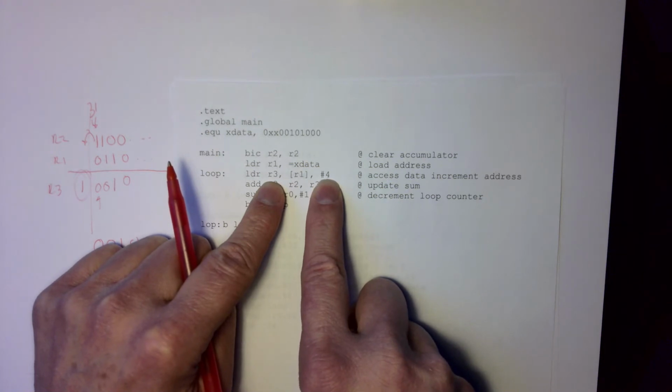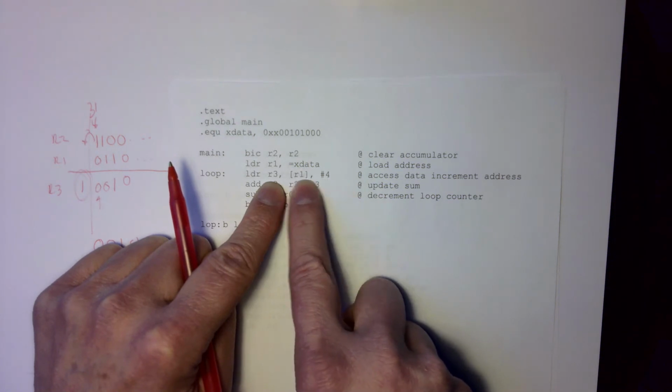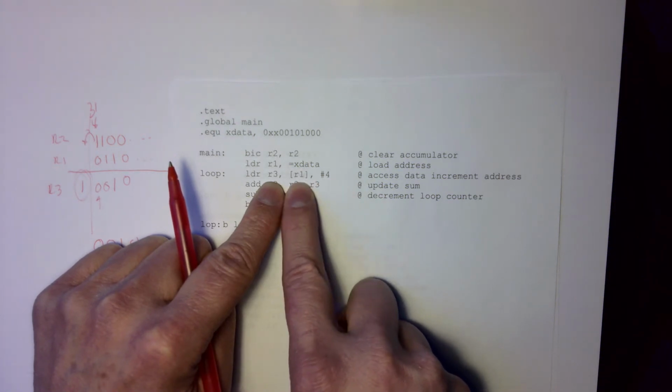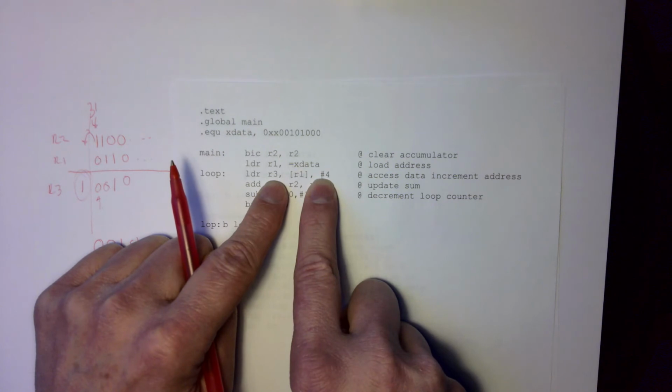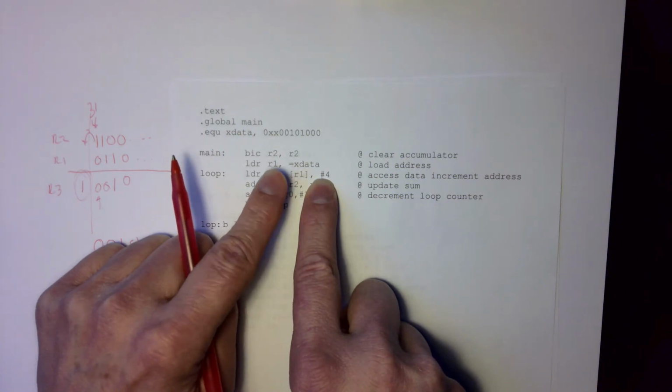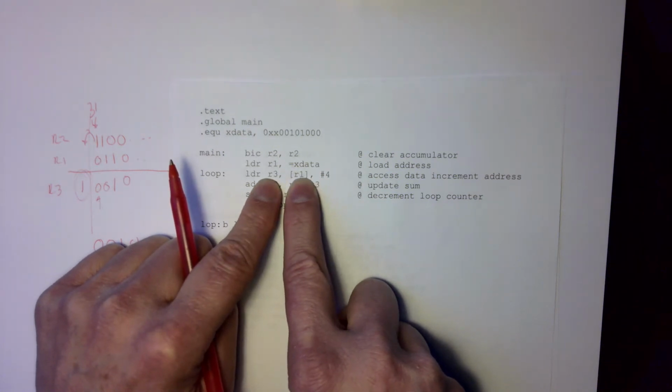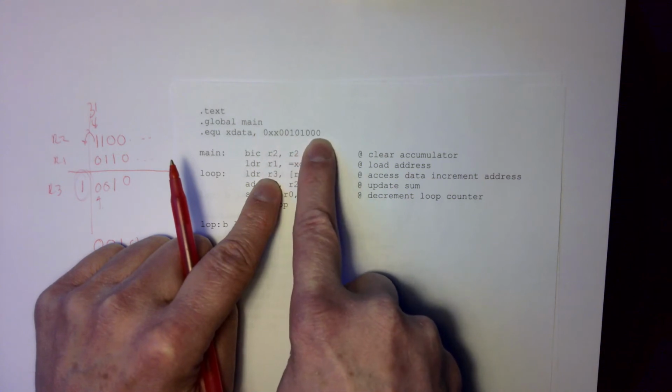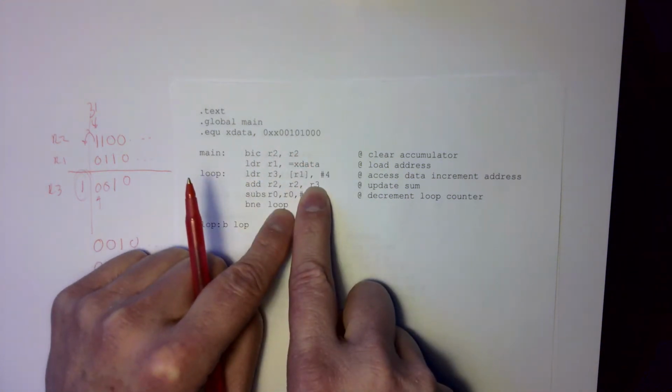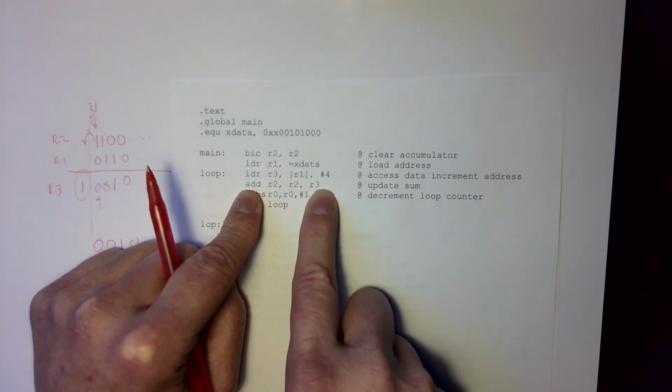Remember, addresses are in bytes, and we're doing 32-bit accesses, so I need to add 4 bytes to get to the next consecutive address in memory. That's why that's a 4. So after this instruction, R3 will contain the first data element, and the R1 address will be that plus 4.